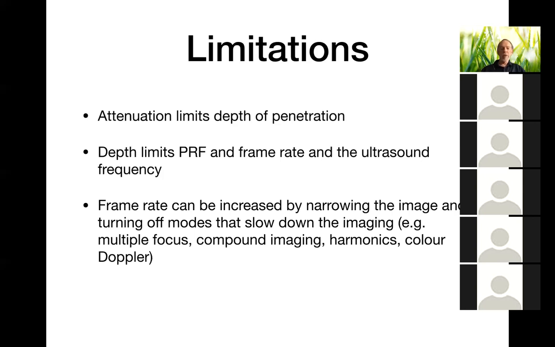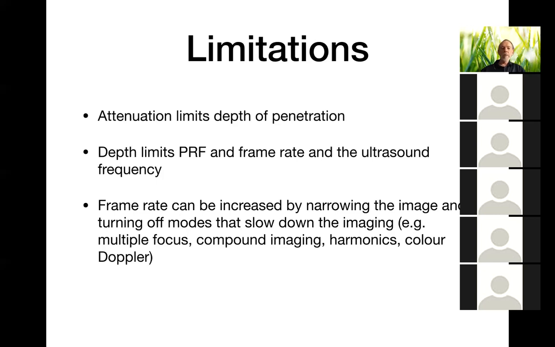If we're talking about a sector probe, we narrow the sector, so there's less tissue being imaged, but the frame rate will go up accordingly. If you halve the width, the frame rate will double. Curve probes also have the same capability. I'm not so certain about linear probes. Some may, some certainly don't.